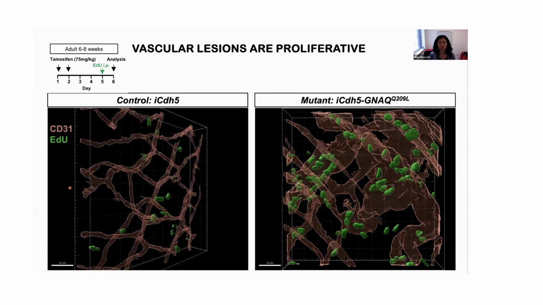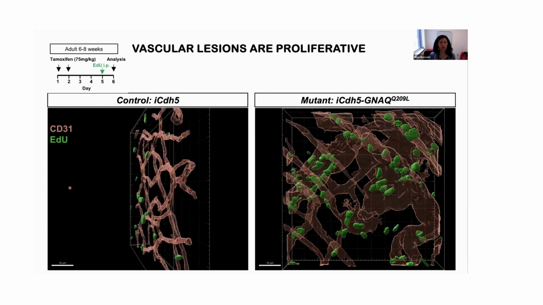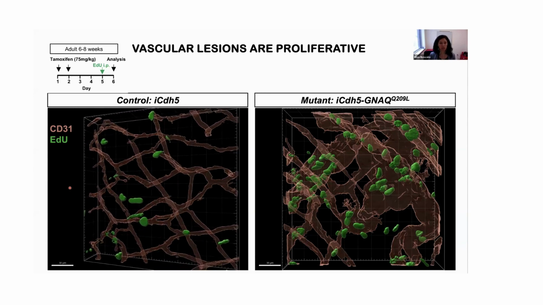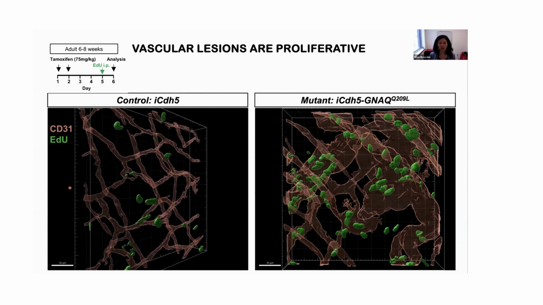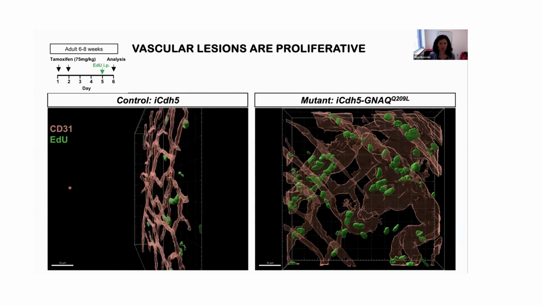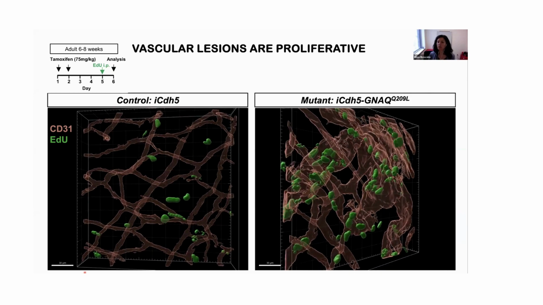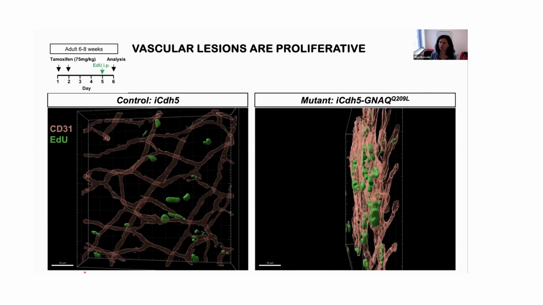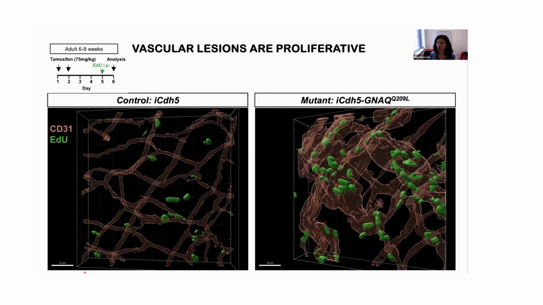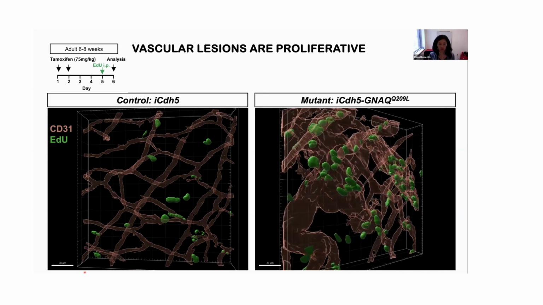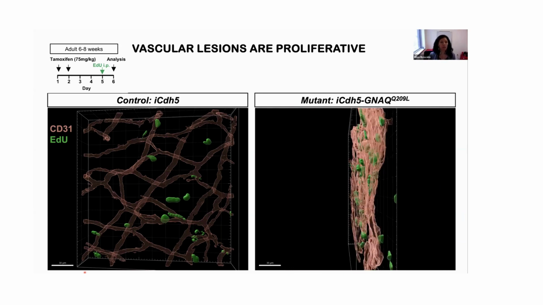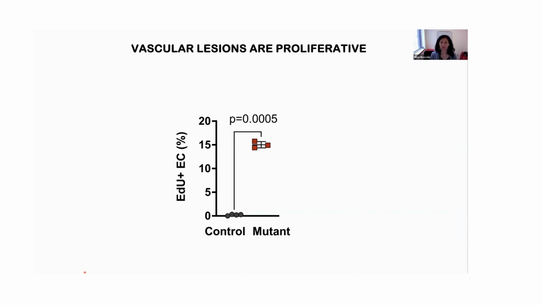Most of the proliferative cells, labeling EdU in green, are localized outside of the blood vessels in those adult control mice. Conversely, in the mutant, you can see that many of the proliferating EdU positive cells are localized within those enlarged blood vessels. And here is a quantification of the phenotype, and we quantified specifically the EdU positive endothelial cells.